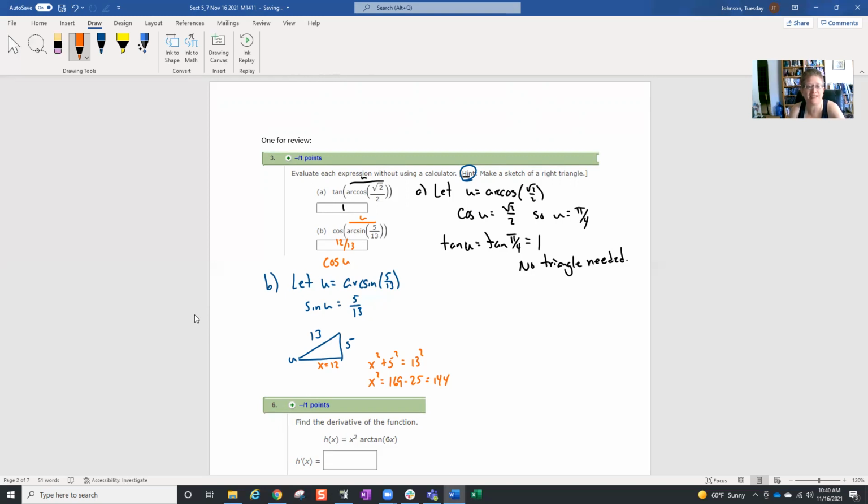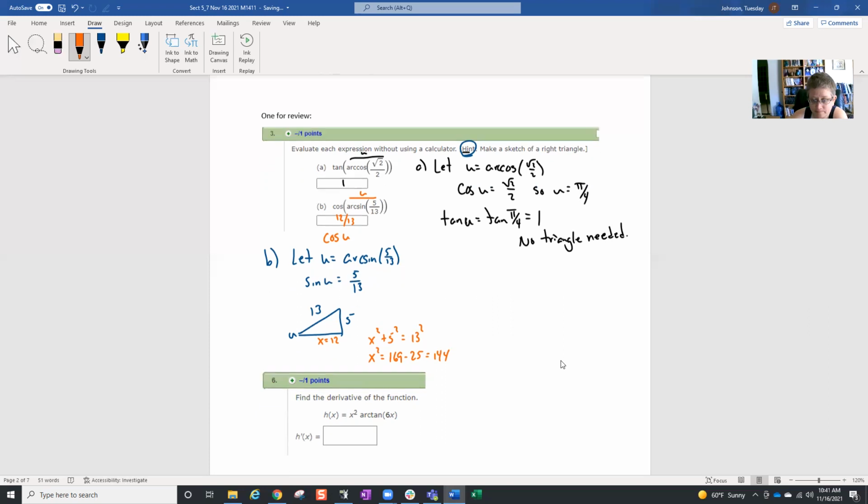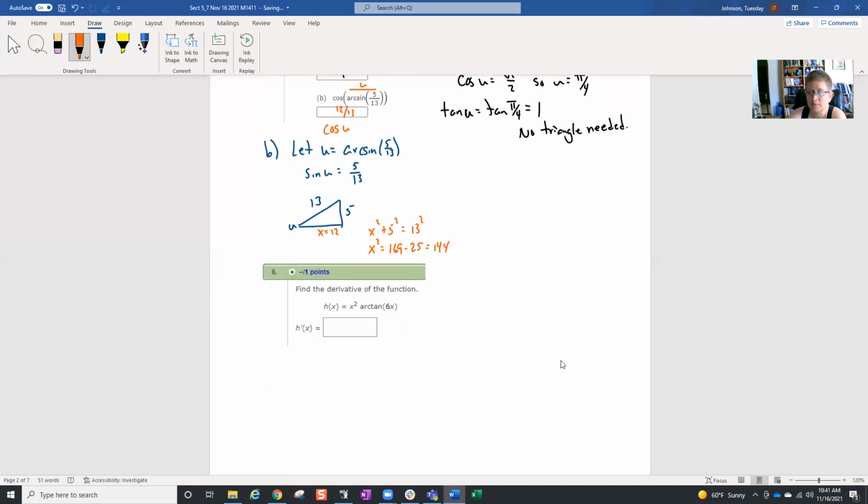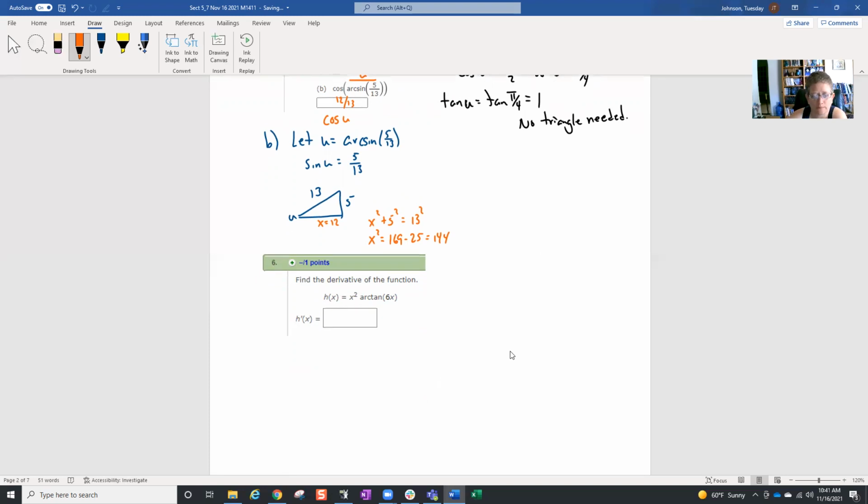I think this tip is going to help you on 3 different problems, 3 out of the 5. So go through those. If you need to, check out my pre-cal lecture on inverse trig functions. You don't have to be an expert on them. We're going to work on them now.